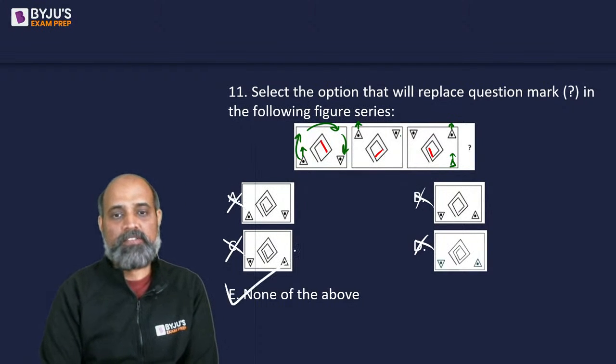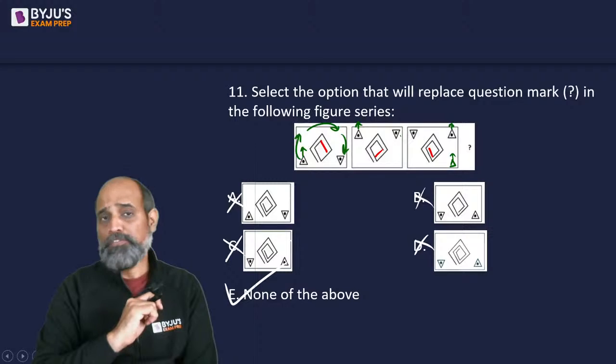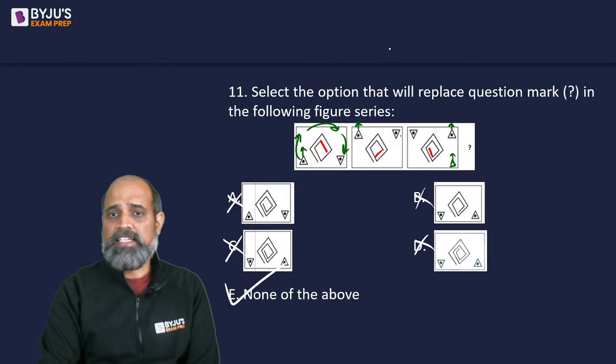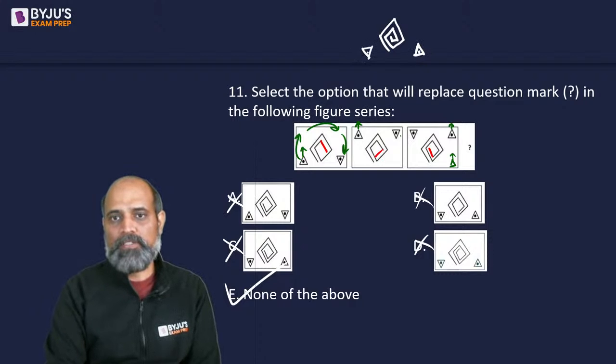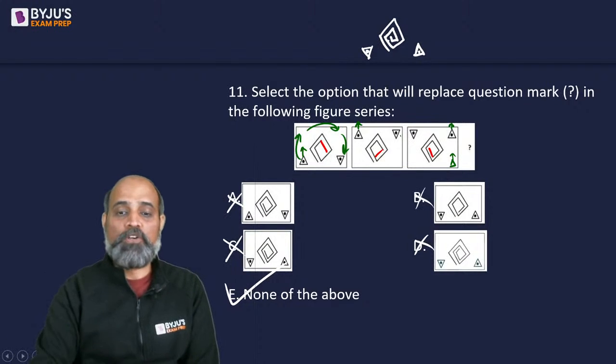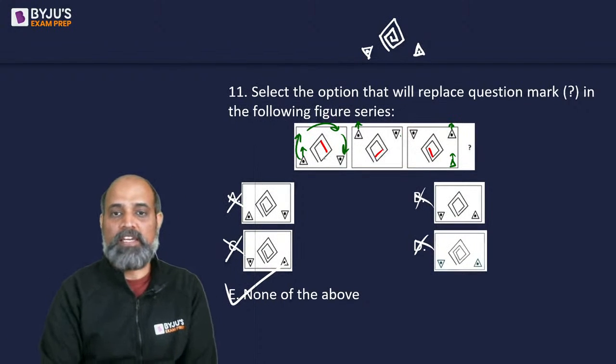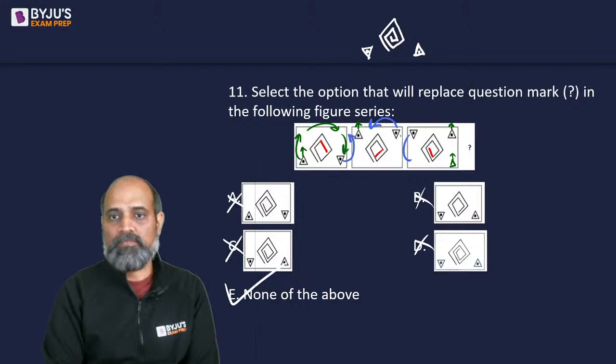The answer is E. So what exactly will be the figure? The exact figure is going to be, the central figure should look like this. We need to have a triangle here and the other triangle should be here, because the triangle facing downwards, this one is moving in the anti-clockwise direction.